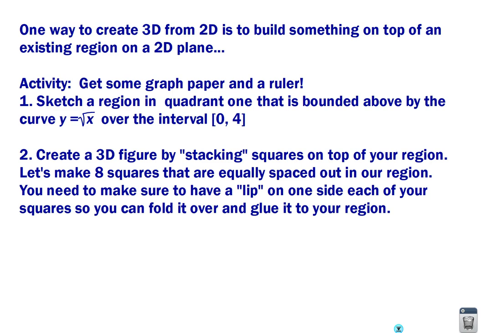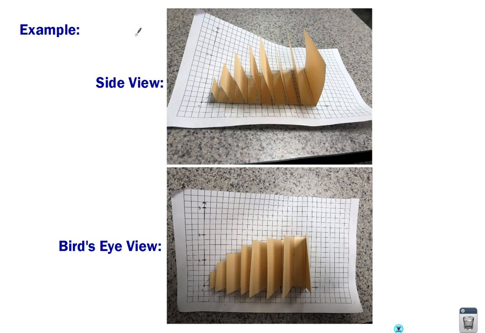Let me show you an example real quick. The sub has one at the front of the room for you to look at, but I also have some pictures here. These squares right here are going to come off your paper, but you can't just put a square on paper without some way to adhere it. So that's what this little lip is. This lip right here does not come from the actual square itself.